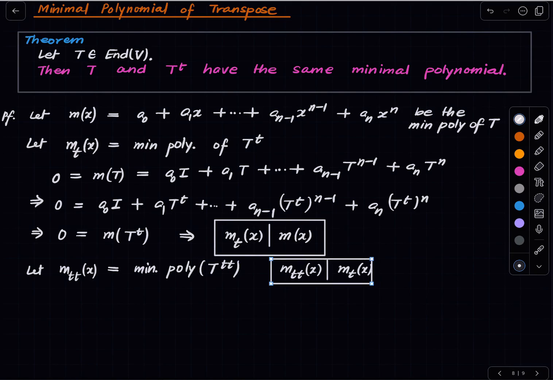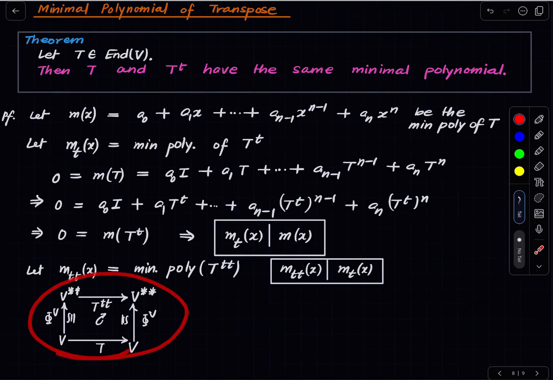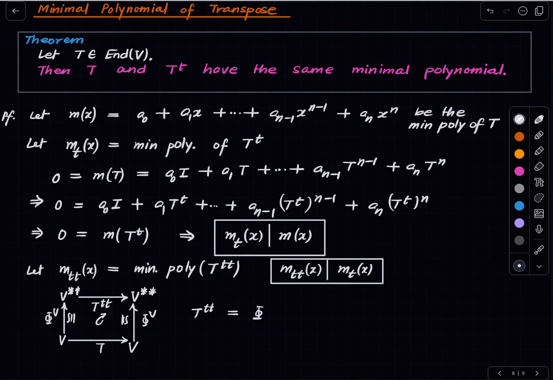But we have this natural identification, right? We have this natural identification, natural isomorphism between V and V double star with the commutation of this diagram. So we can write T double transpose as this thing.